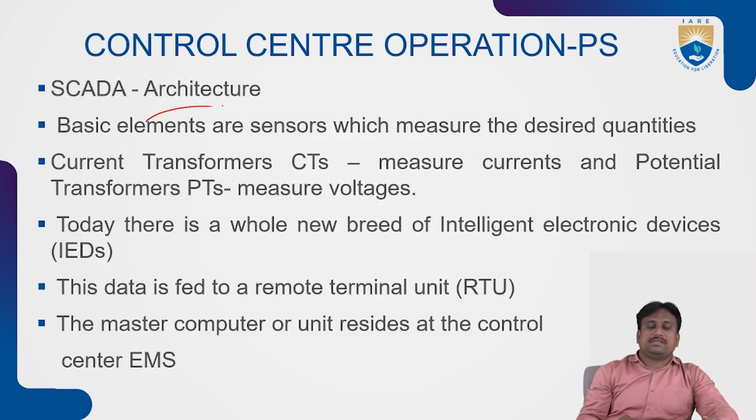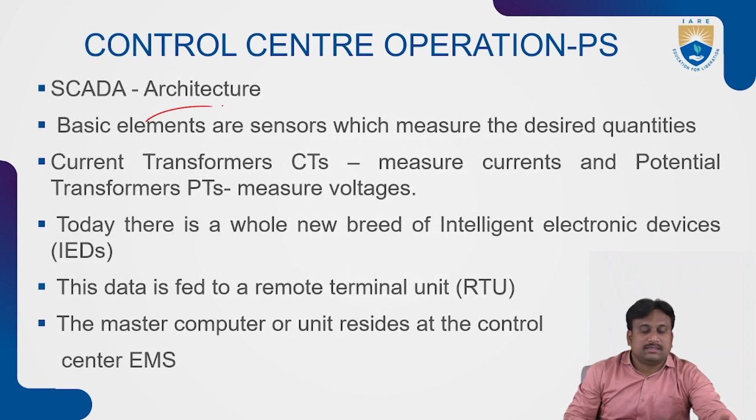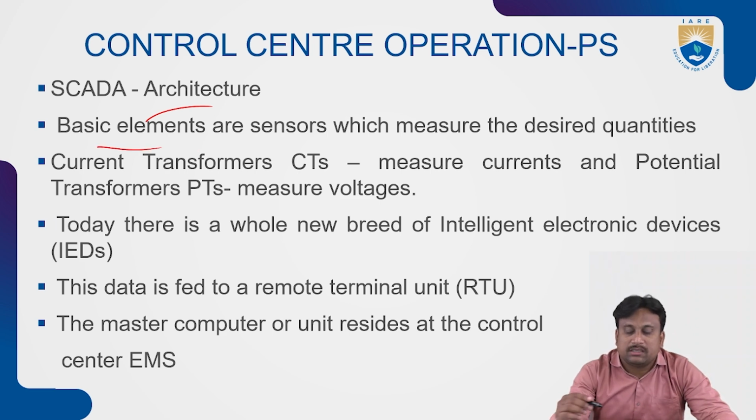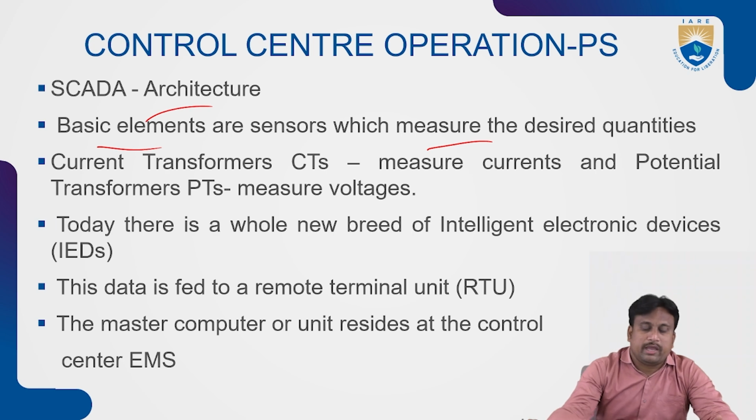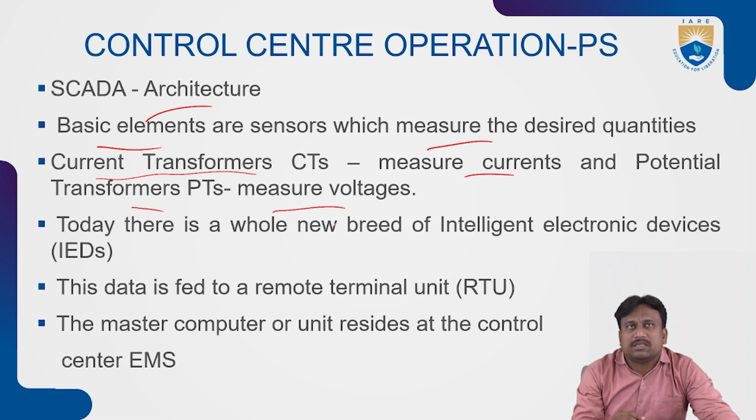So here is one of the architectures for a SCADA system, which consists of basic elements like sensors, which measure the desired quantities. This can be done by current transformers, that is CTs, which measure the currents, and potential transformers, which measure the voltages.